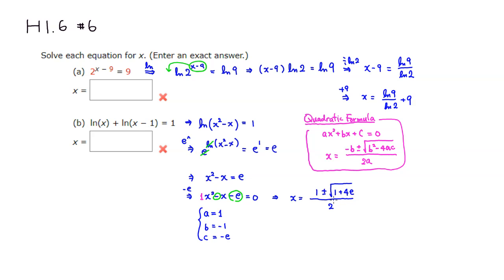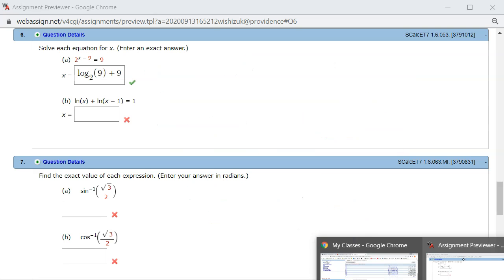The negative version is going to be negative, so it cannot be the correct answer. So we have to use the positive one. Therefore, x is equal to 1 plus the square root of 1 plus 4e, all over 2.